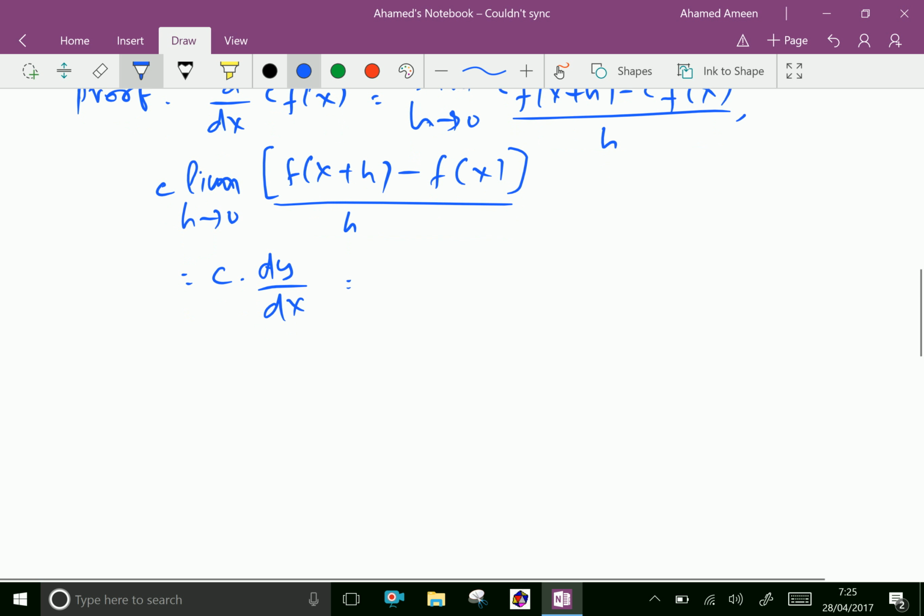We can write as, therefore, d by dx of c f of x equal c into f dash of x.